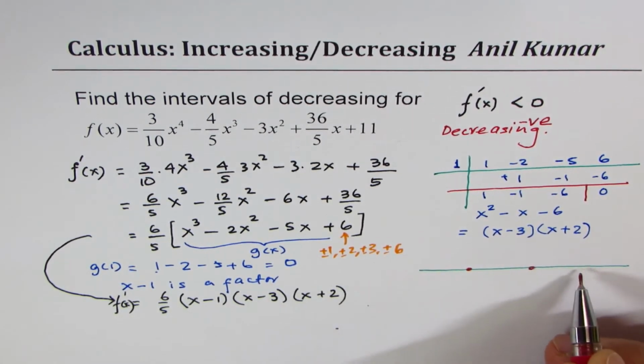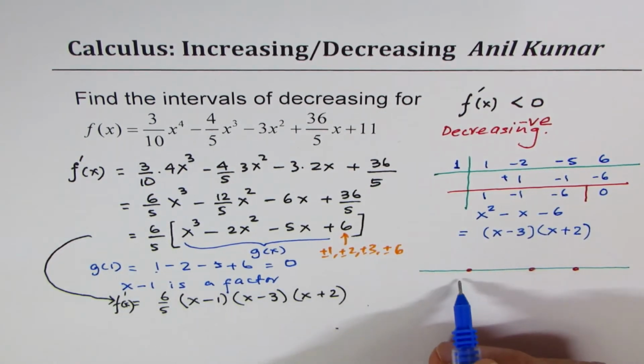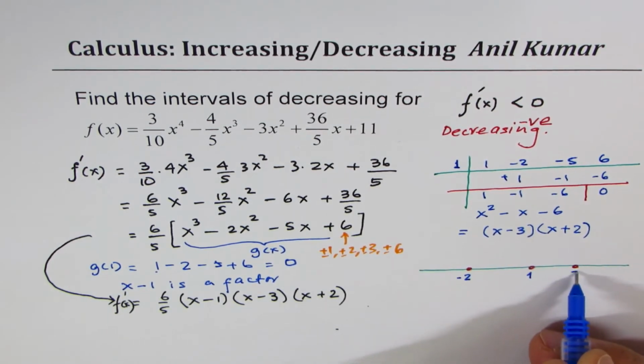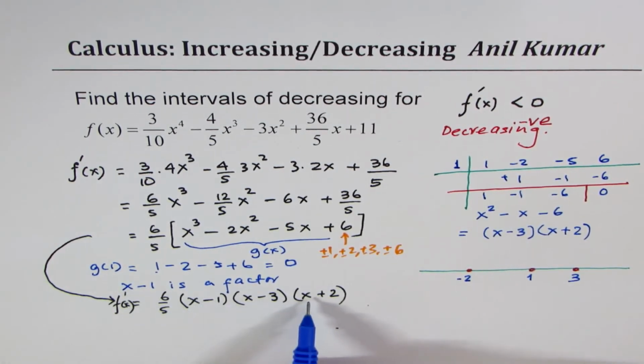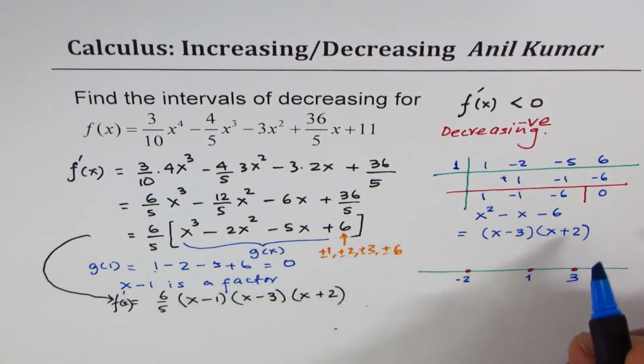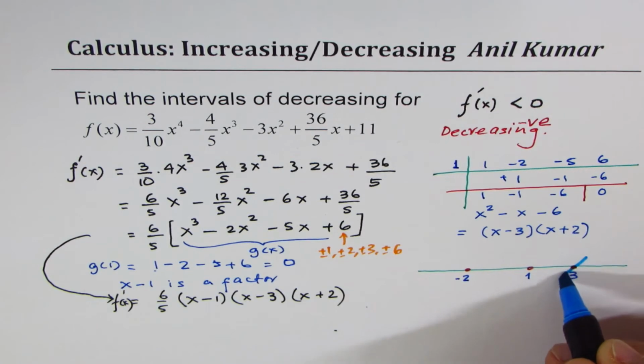You can say these are the critical numbers, 1 and 3. Since the leading coefficient is positive, there are many methods to find the solution from here. What I'm doing here is sketching the curve, which is a cubic function with these zeros. Since the leading coefficient is positive, what I get is kind of like this.